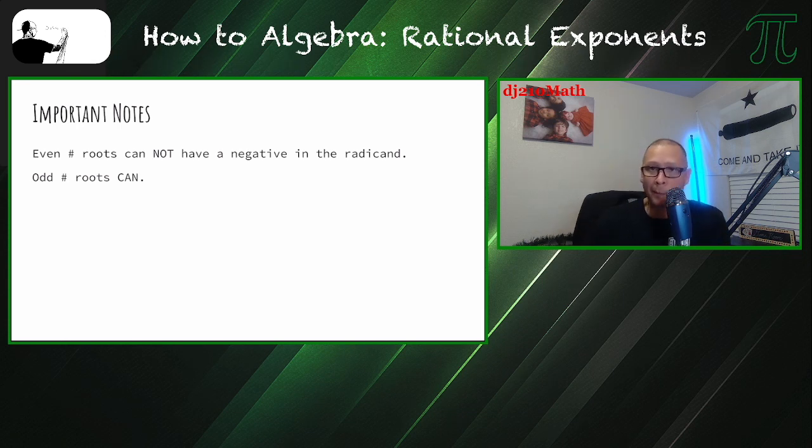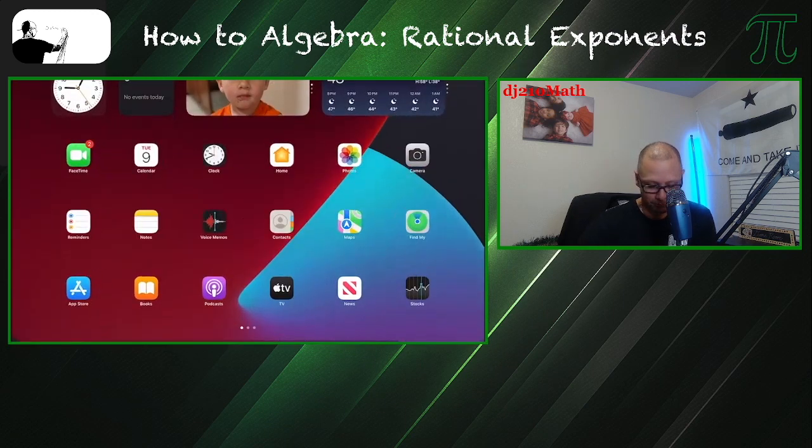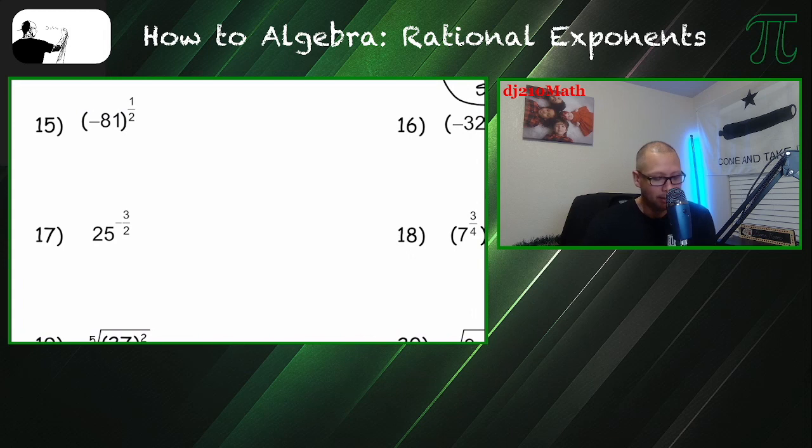All right, a quick important note is that even roots cannot have a negative inside of the radicand, under the radical, basically. Odd number roots, however, can. So with that being said, if I want to take the square root of negative 81, it's not possible, right?